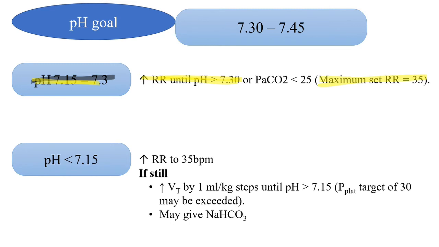If the pH is less than 7.15, increase the respiratory rate to 35, and here you have nearly reached your maximum targets or maximum efforts. You may give sodium bicarbonate, and here you may think about the use of ECMO.